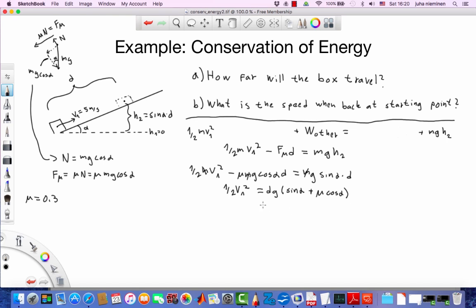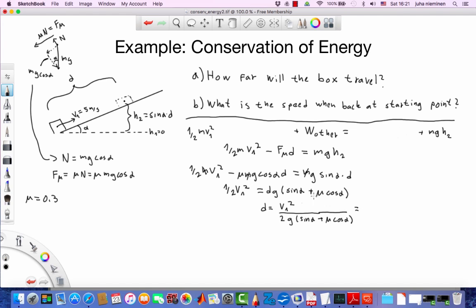And from here, solving for d, we divide all of that to the other side, and we get v1 squared divided by 2g, and then this term with the trigonometric identities.